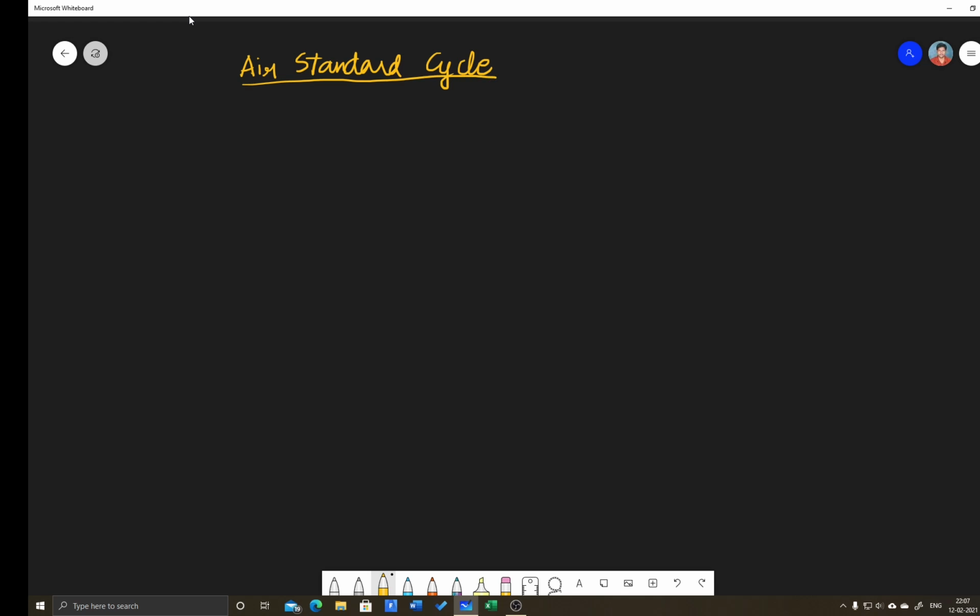Okay, as you know, by definition, a cycle is a set of processes or a sequence of processes whose initial point and final point are same. That means after finishing a final point, it should reach the initial point like a circle.